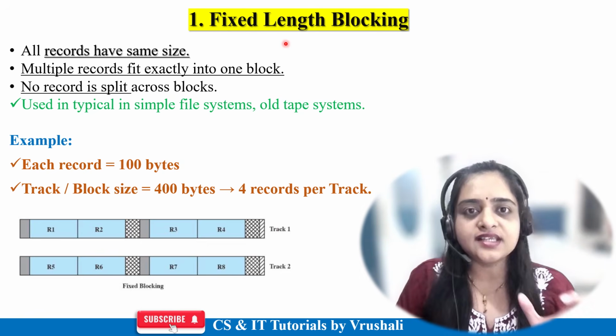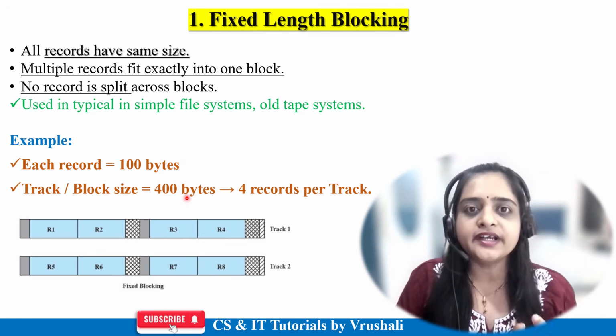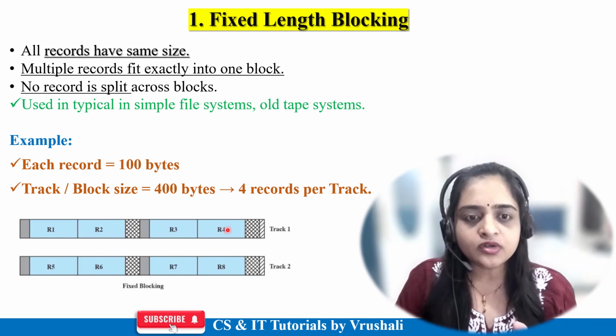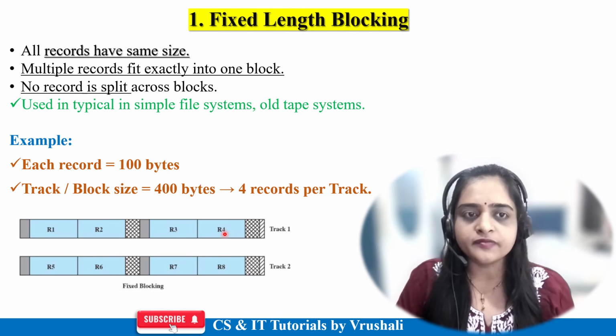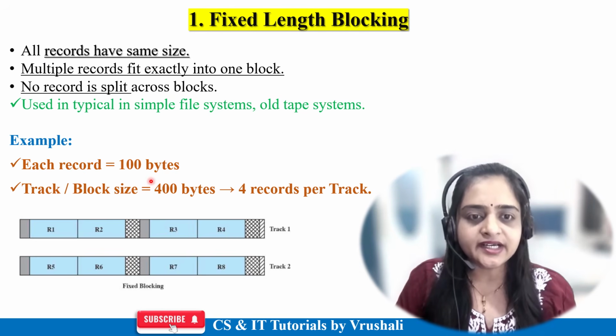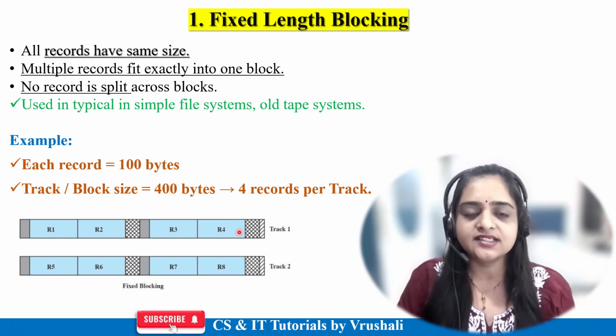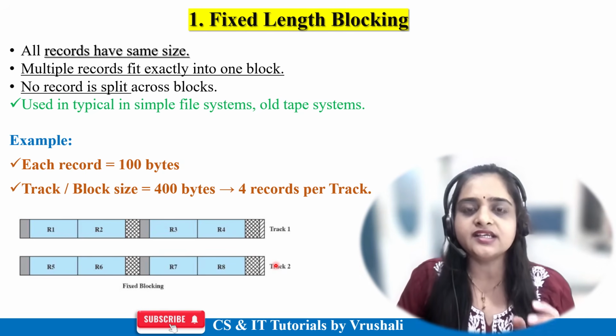Fixed length blocking means track 1 has a capacity of 400 bytes. There are a total of 4 records stored, R1, R2, R3 and R4. All records have the same size: R1 is 100 bytes, R2 100, R3 100 and R4 100 bytes. In this way, 100 into 4 means a total of 400 bytes of data is stored in track 1 as well as in track 2.